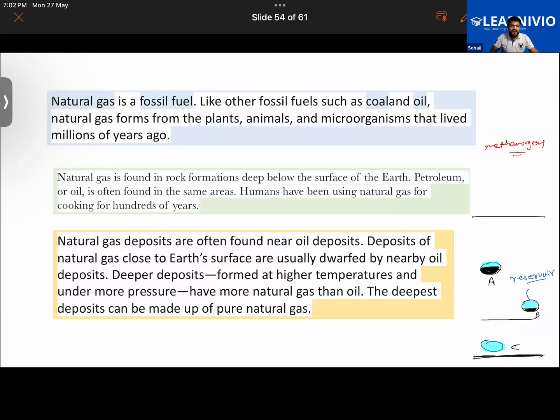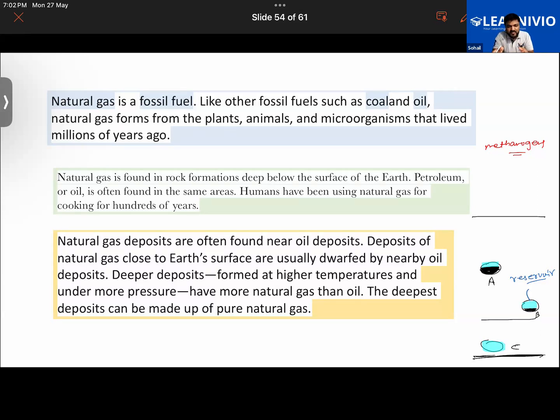Lava will find some pathway to come out of the core, go into the mantle, eventually come out of the mantle into the crust, and erupt as a volcano.